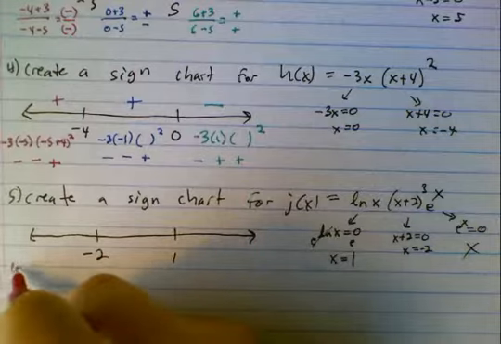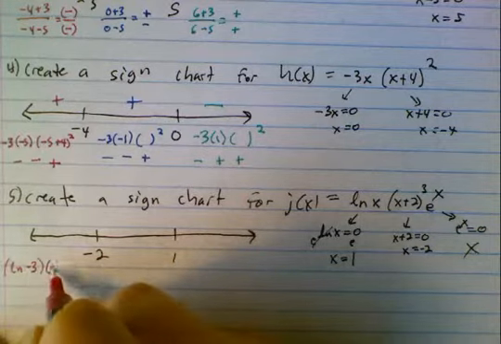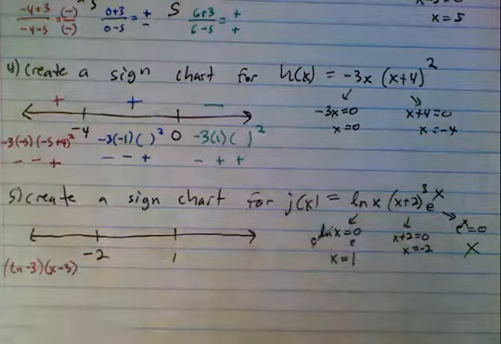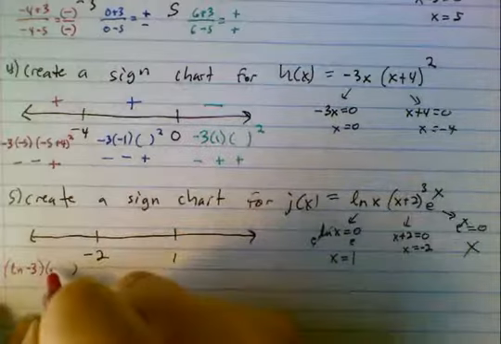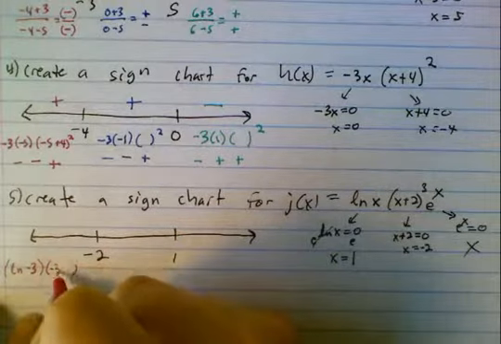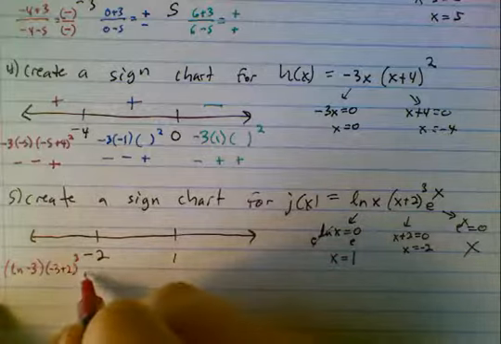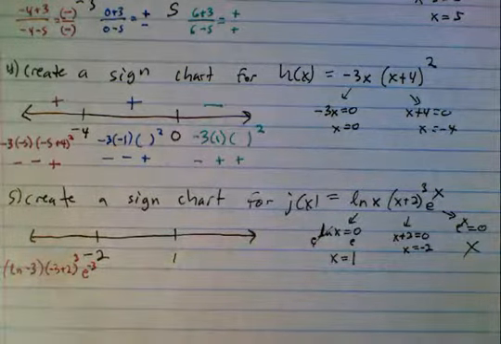So let's do natural log of negative 3, x minus 3, whoops, negative 3 plus 2, so that should be going off right there, cubed, e to the negative 3rd power.